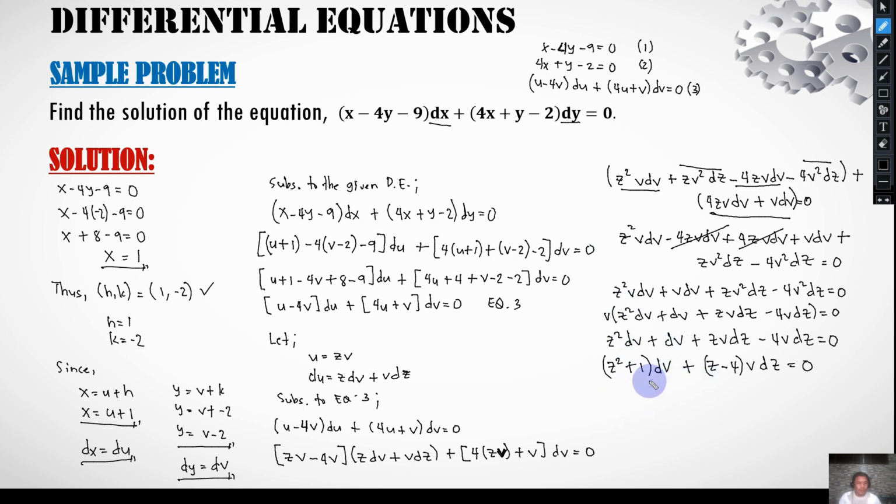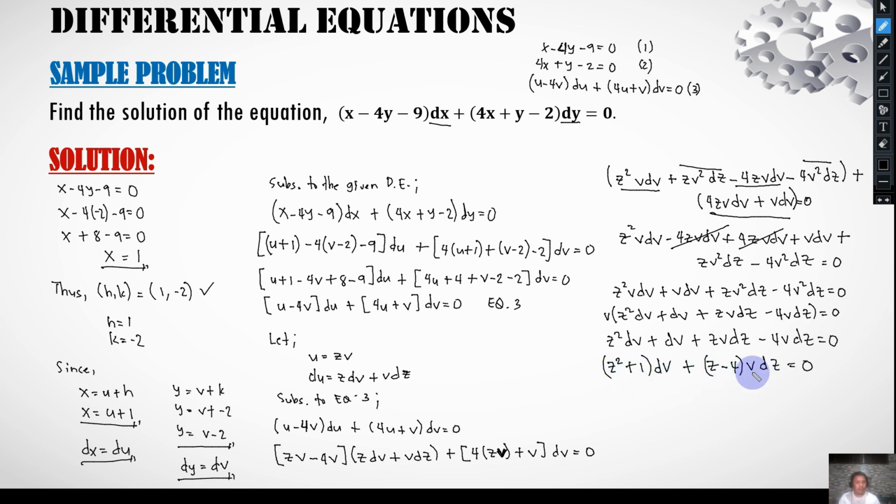So, by this, meron tayong dv, dz. As you can see, meron tayong z squared plus 1 at saka itong sa kabila, z minus 4, at saka meron tayong dv. So, paano natin makukombine yung the same variable? Itong v is mapunta dito sa dv at saka itong z squared plus 1 is mapupunta dito sa ating dz. So, actually, i-transfer muna natin itong z squared plus 1 dito, kasi in terms of z siya.